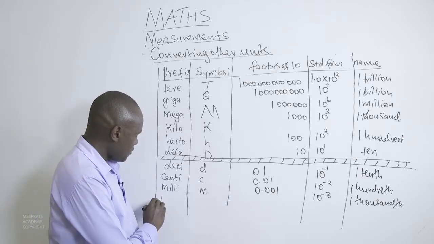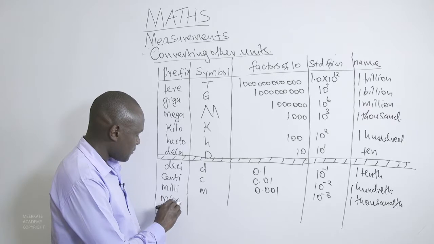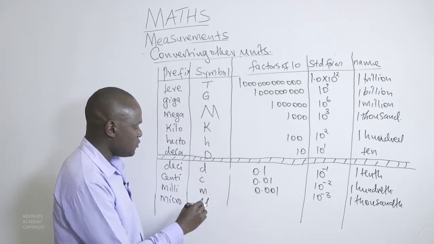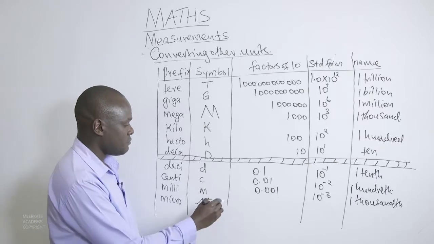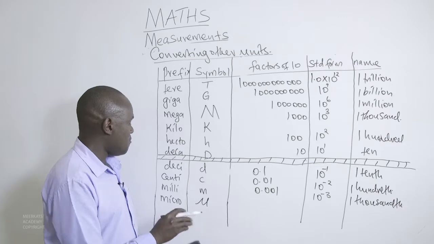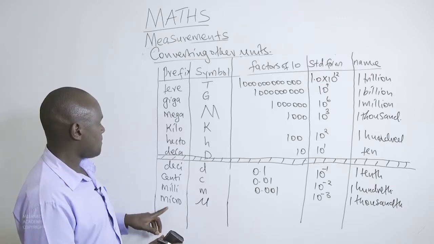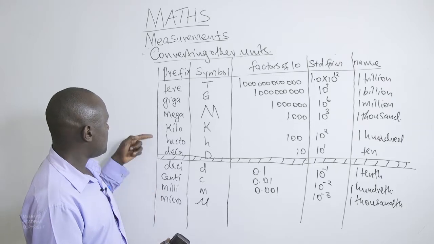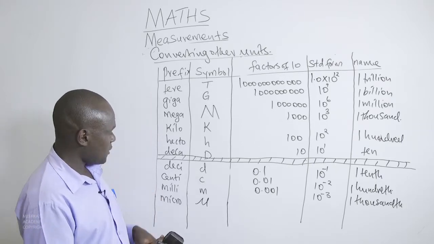Next is micro, denoted by the symbol mu. This symbol mu denotes micro. Micro is actually different from the units on the upper side.